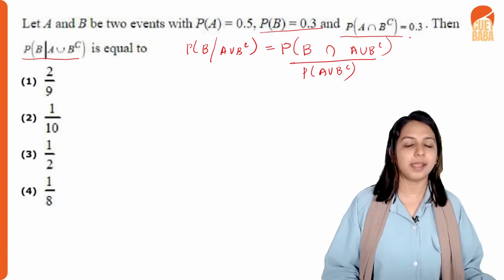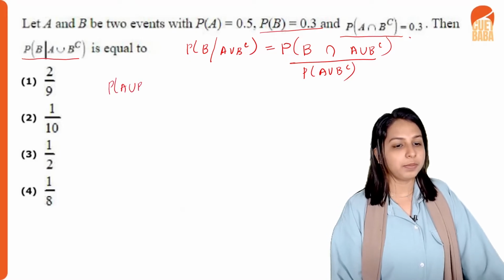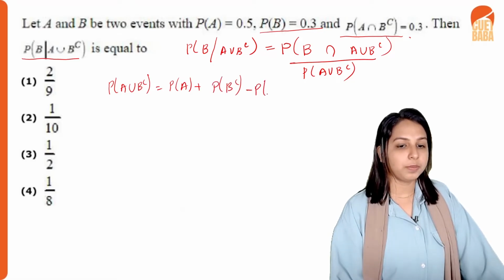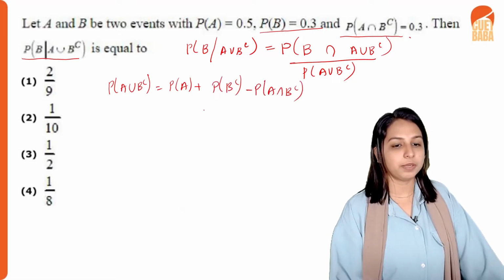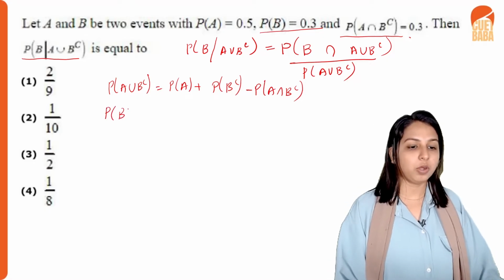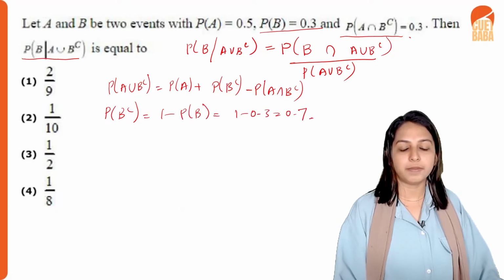Using the addition theorem, probability of A union B complement is equal to probability of A plus probability of B complement minus probability of A intersection B complement. Probability of B complement will be 1 minus probability of B, which is 1 minus 0.3, equal to 0.7.